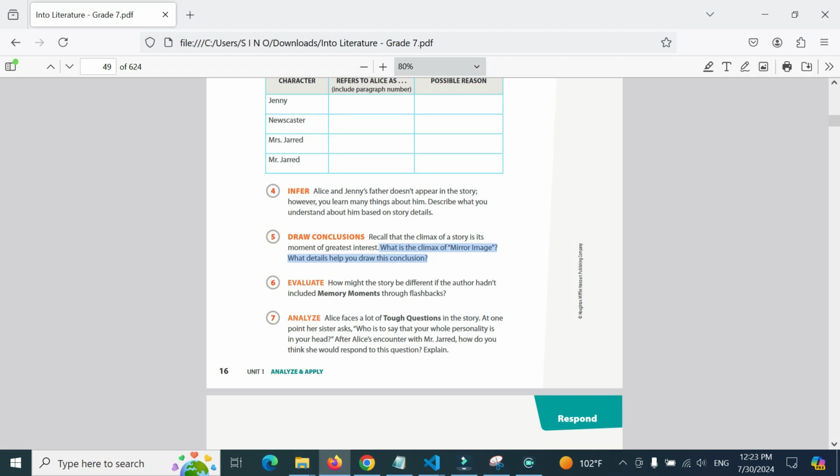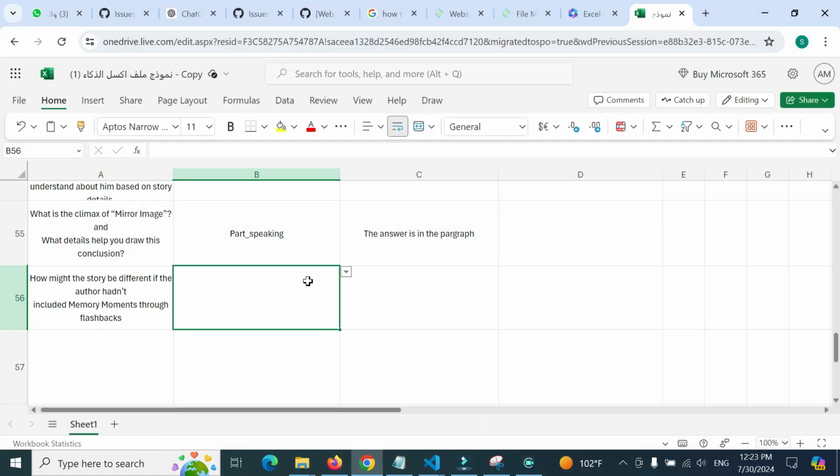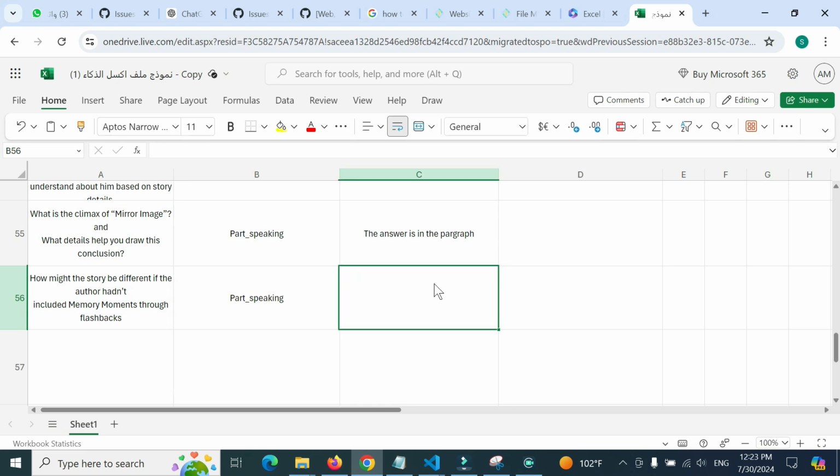So let's continue. Evaluate how the story might be different if the author hadn't included memory moments through flashback. Okay, I believe that this question differs from one student to another. So why don't we just let the AI answer it?